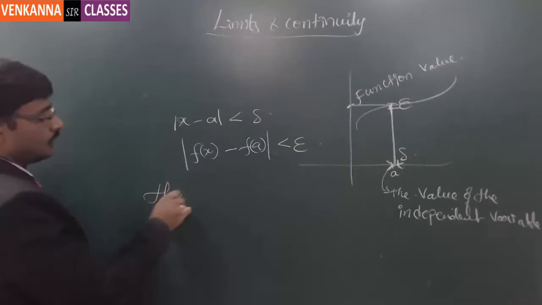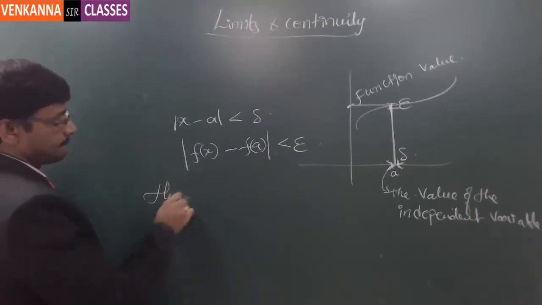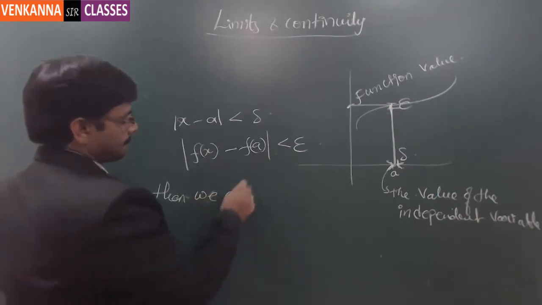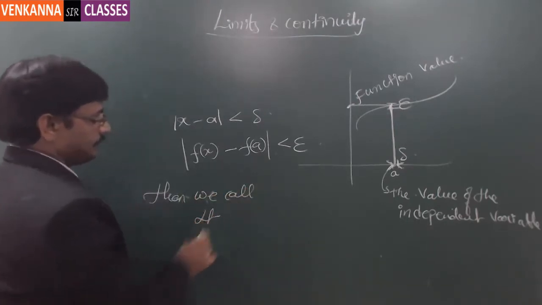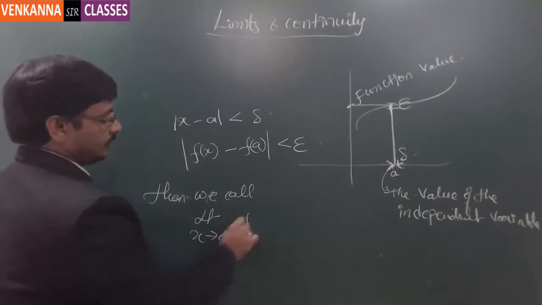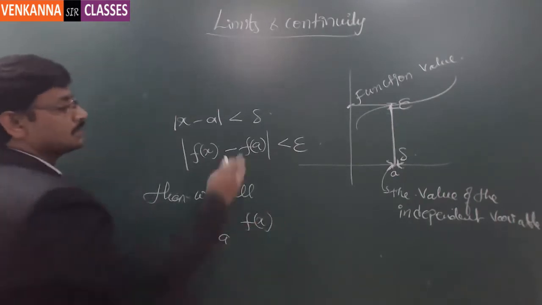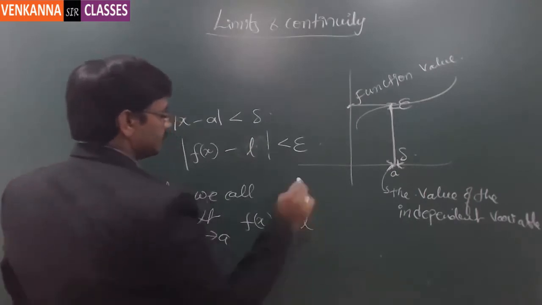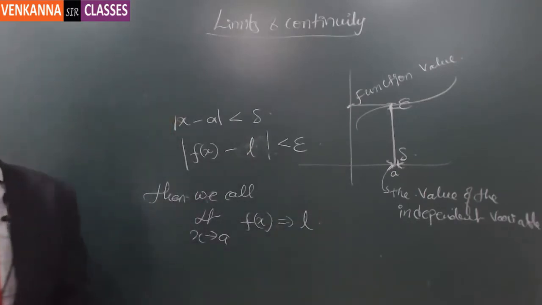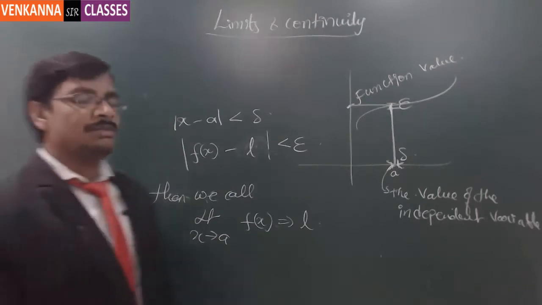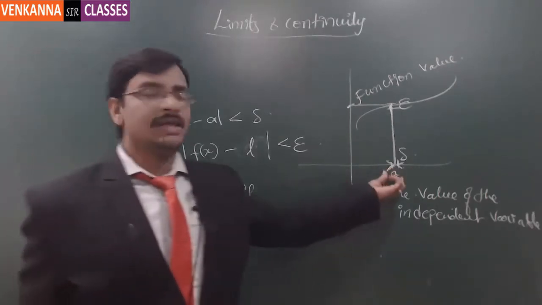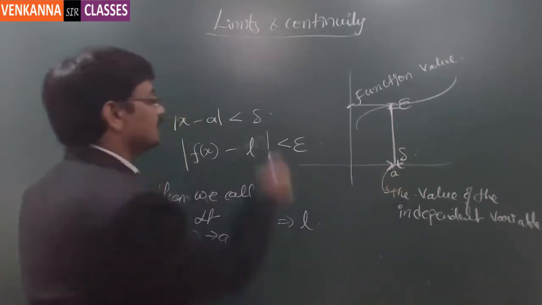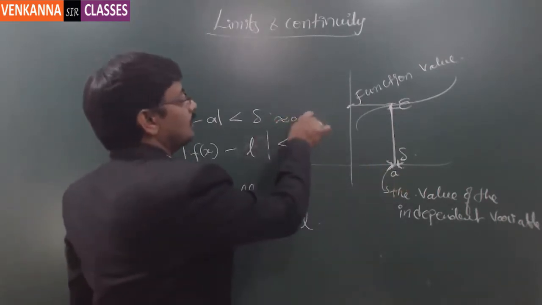then we call this the limit x tends to a, f of x reaches, this is the limit value L. So f of x reaches the value of L. And this is the fundamental definition of the limit. Here, for the x value, for a specified value of delta, this delta is almost 0 but not 0.